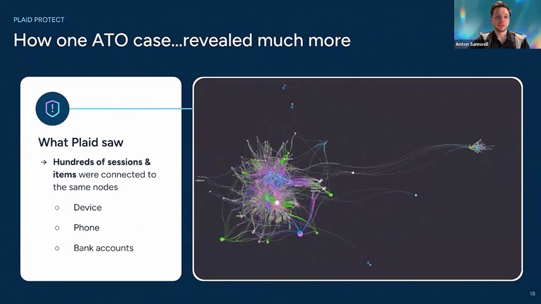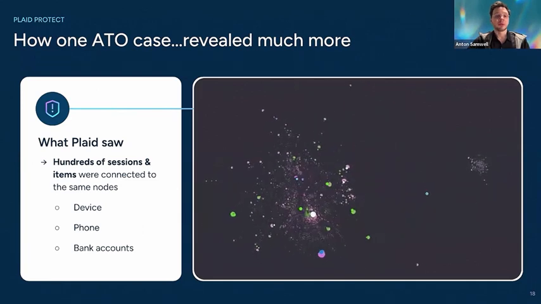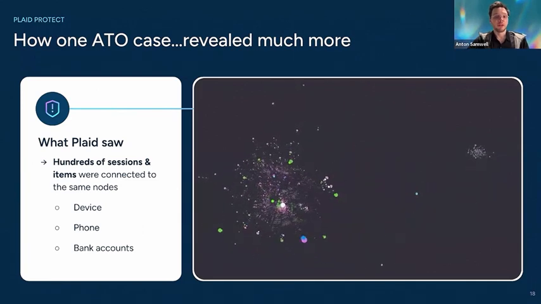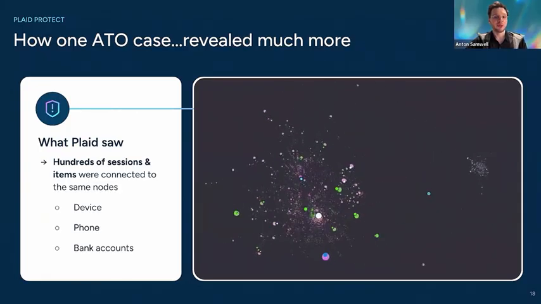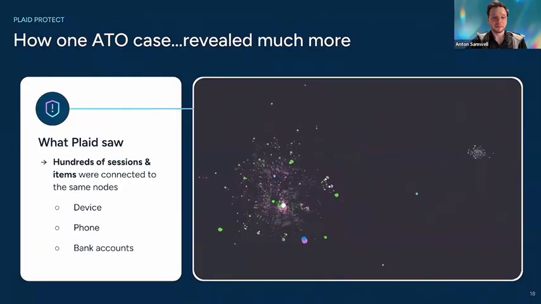And for this graph in particular, it kept growing and it got big very fast. We saw hundreds of bank accounts, many of them at smaller regional banks, connected to thousands of app accounts.